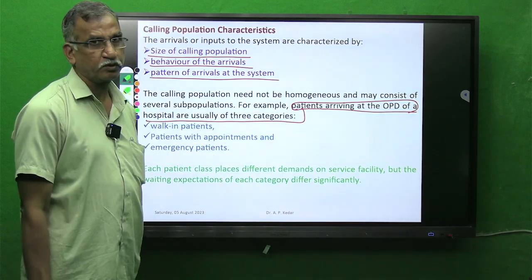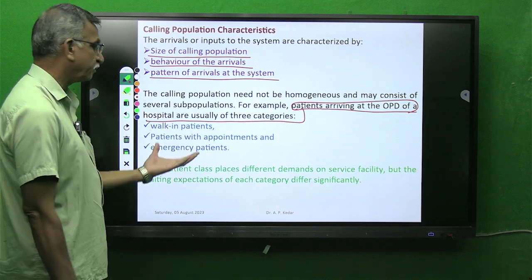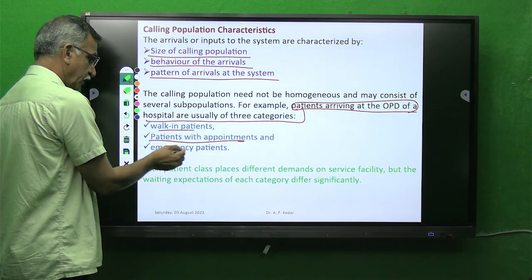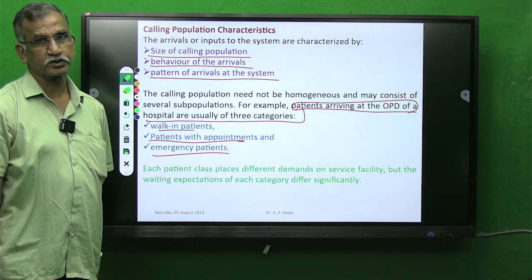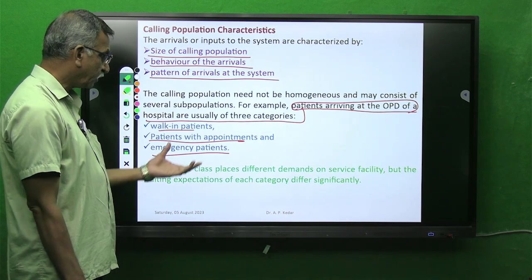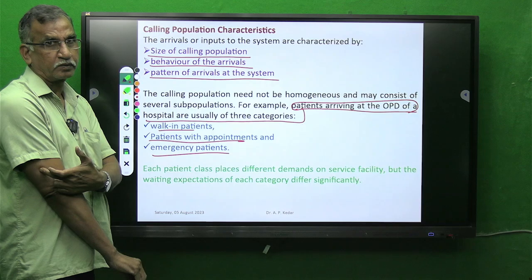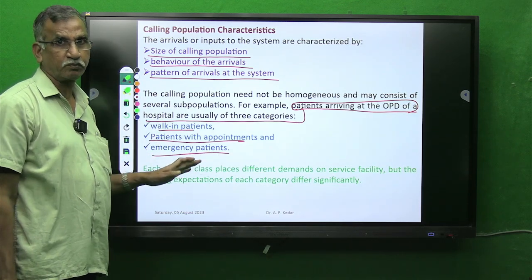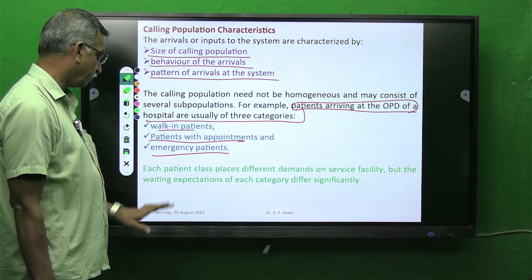In the OPD of any hospital, particularly a government hospital, patients come in 3 categories: walk-in patients, patients with appointments, and emergency patients. Usually these 3 categories of patients come for treatment. Now, the priority of each category is different. The treatment required, the service time required for each category is different. So that takes care of this calling population.